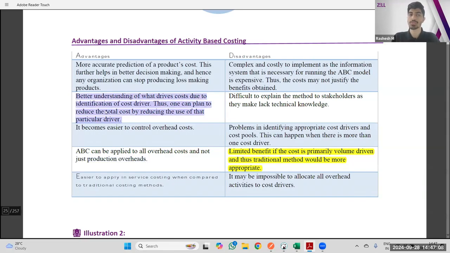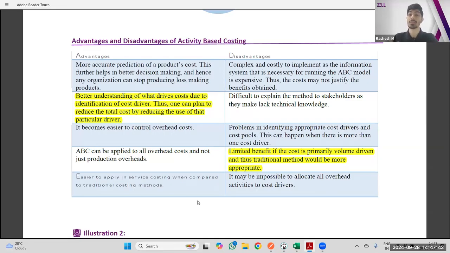And the most obvious reason is the second point, where once the manager has an understanding of what is causing a cost to incur in the first place, they can work it out. They can try and tweak and find ways. Okay, if this is causing my cost to occur, if I can control this activity, if this activity happens less, maybe the cost will also happen less. At the end of the day, yes, I agree that they are fixed costs. But if I get them low enough, maybe I can eliminate fixed costs.